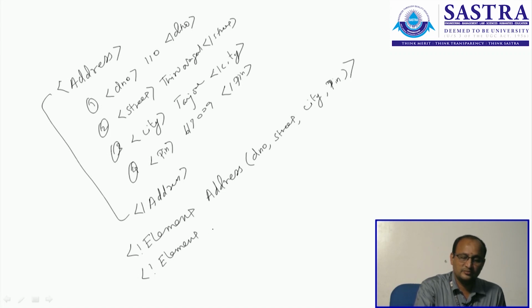element. While making this statement in your editor, please ensure that you are using capital letter. Exclamation ELEMENT. Which element? Street. Whether street is having any child elements? No, I want to make it as #PCDATA.